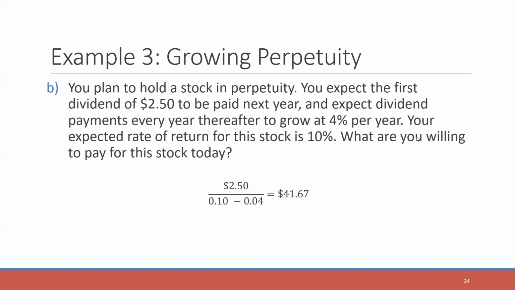First, you can see how relatively small changes in that growth rate are going to have a really big effect on the present value. If that's not clear to you, what I want you to do as a numerical exercise is divide 2.50 by 0.10 minus 0.05 and then by 0.10 minus 0.03. And you'll see very large differences for a relatively small change in the growth rate.